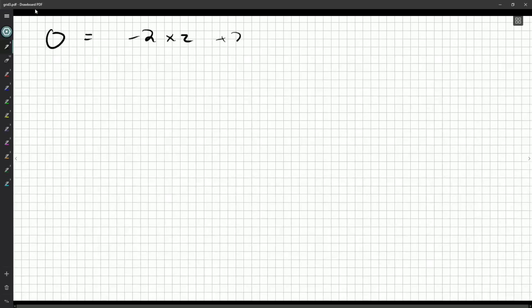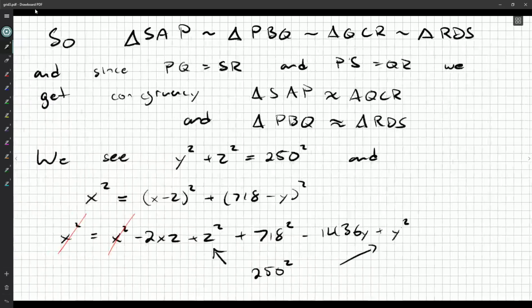And what do we have? We'll have 0 is equal to minus 2xz plus 250 squared plus 718 squared minus 1436y. Okay. I'm a little upset because we've got two equations here, but three unknowns.